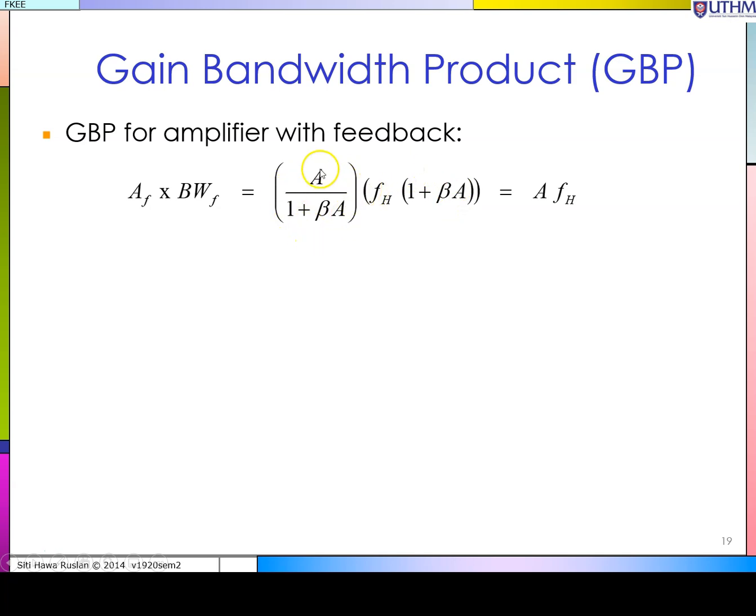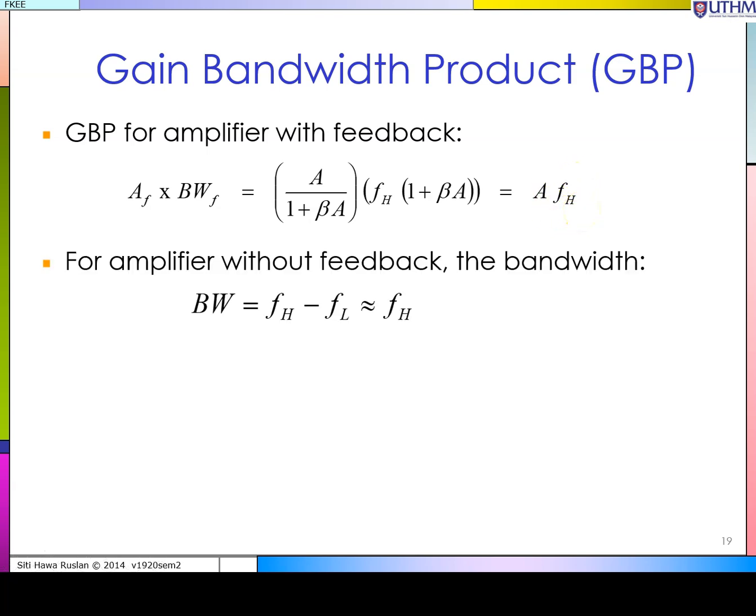This is the gain. Okay. So if you look over here, 1 plus beta A and 1 plus beta A cancel out. So you are left with A multiplied with FH. So if you have feedback, the gain multiplied with bandwidth is equal to the gain without feedback multiplied with the high cutoff frequency.